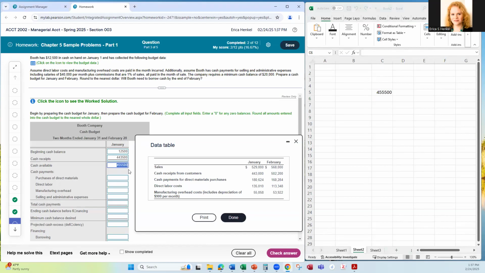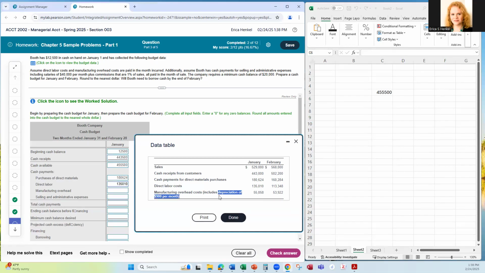Now, for purchases of direct material, we're going to plug that in here. Our direct labor is paid in the month incurred, that amount there. And manufacturing overhead is paid in the month incurred also, and includes depreciation of 900 per month.